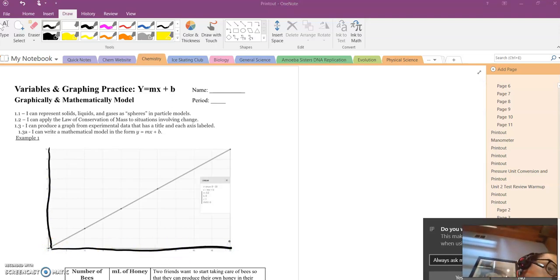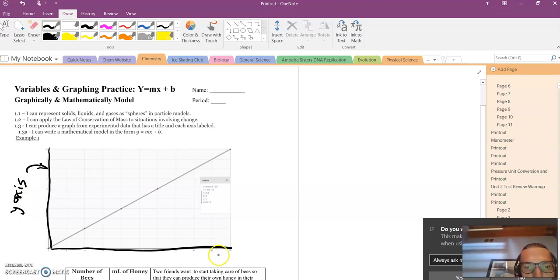This one over here is called the y-axis. This one over here is called the x-axis.